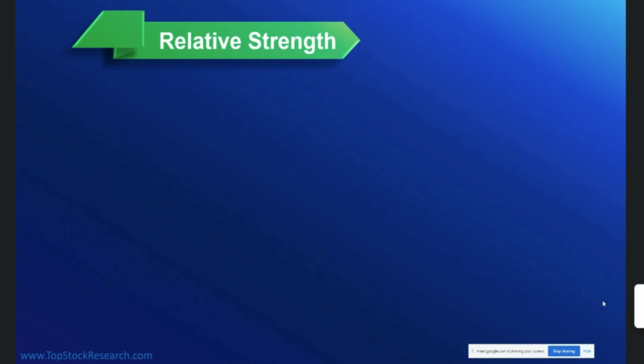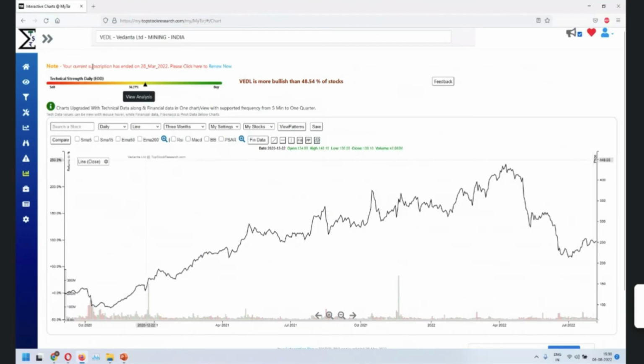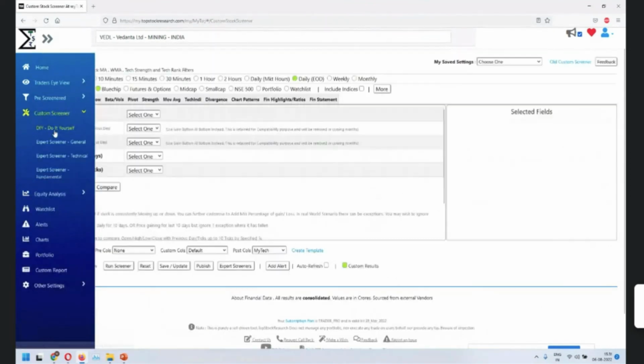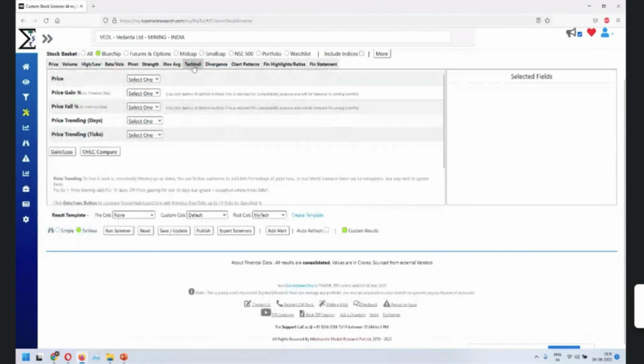What you need to look at is the trend. One of the things, of course not the point of discussion here, but let me also tell you: if you go to custom screener, do it yourself, overbought, oversold.